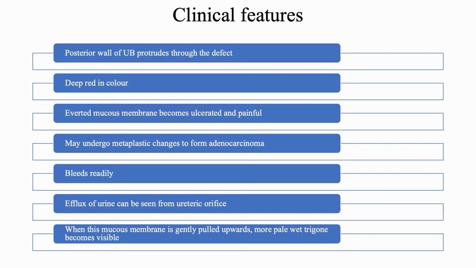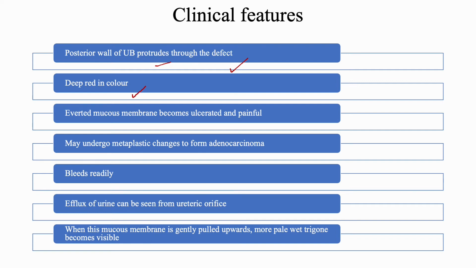The clinical features are that the posterior wall of the urinary bladder protrudes through the defect. Because the anterior wall of the bladder is not formed, along with the skeleton and musculature of the anterior abdominal wall, the posterior wall protrudes through the defect and is seen deep red in color.